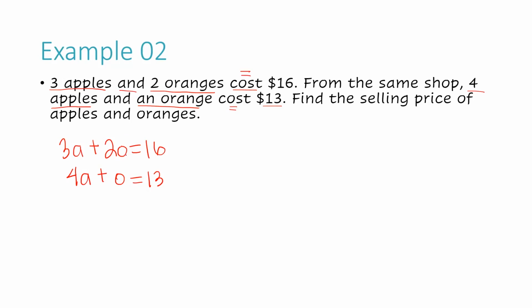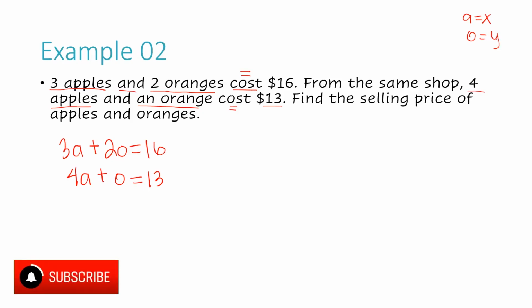Now, first thing I'm going to do is get rid of this O, because you can look at this and totally throw yourself off and think that's a 20 and a 0. It's not. It's an O. Because I know I'm going to graph these, I'm actually going to write them as X and Y values, not as A and O. So I'm going to say my A's are my X value and my O's are my Y values.